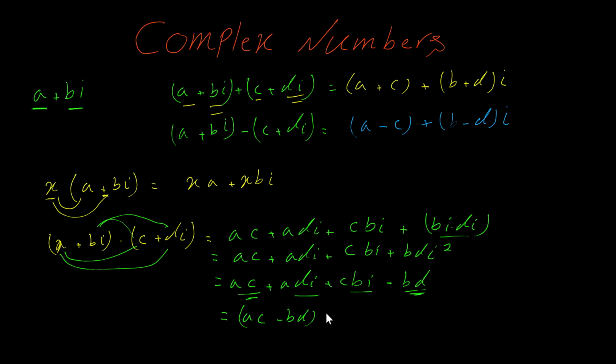And then we do the imaginary part: plus, now we factor out the i, and we get ad plus cbi. So that's what we get from multiplying these two complex numbers in standard form.